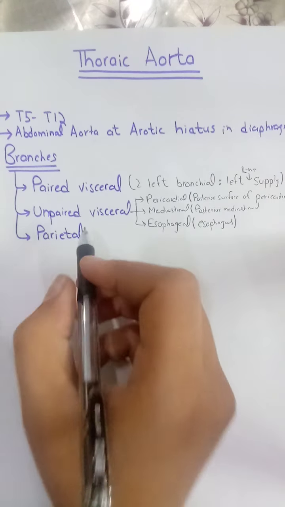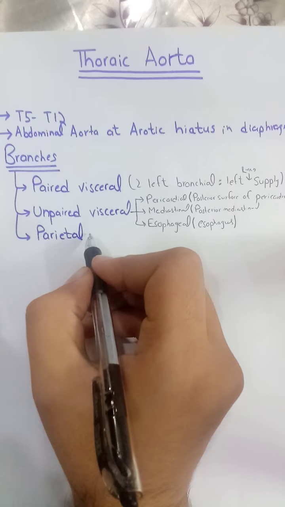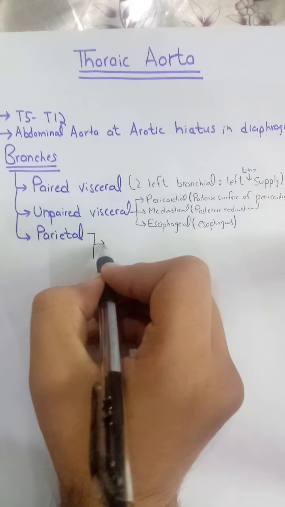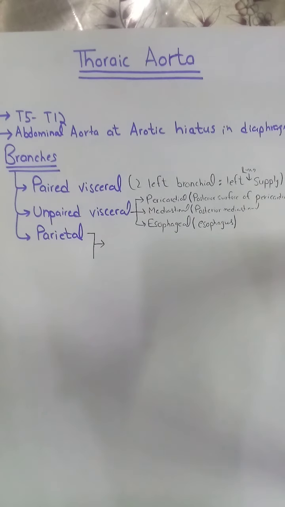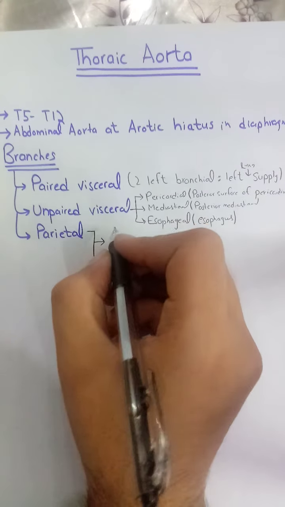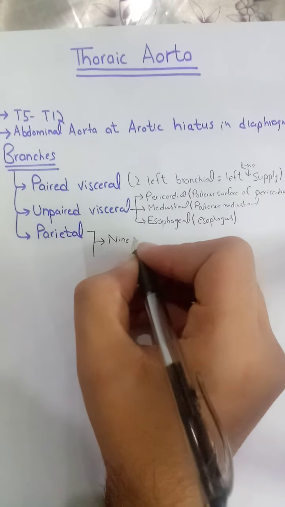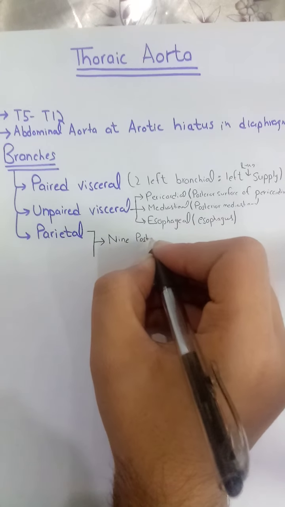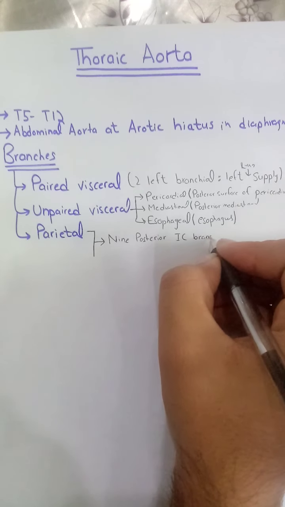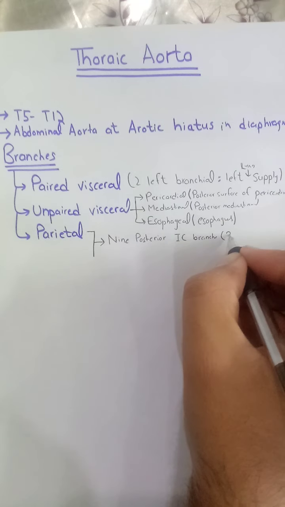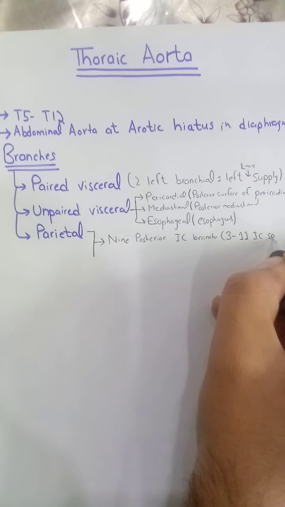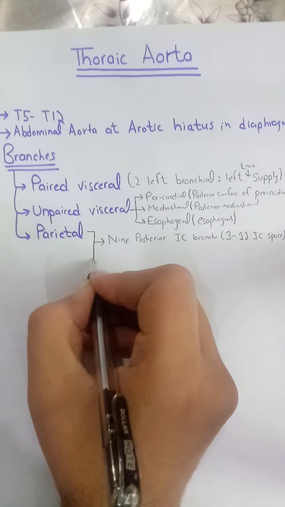So now we will discuss the parietal branches. These include the nine posterior intercostal branches, which will supply the 3rd to 11th intercostal spaces.